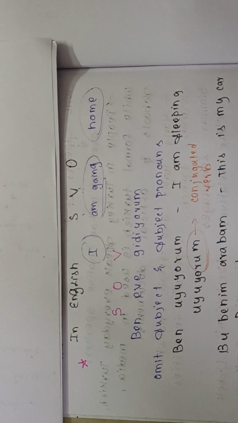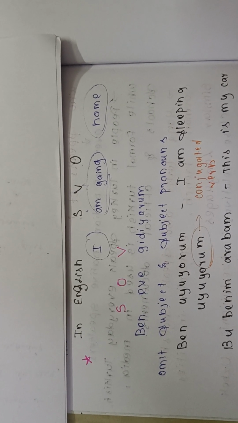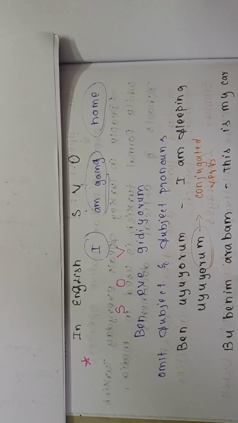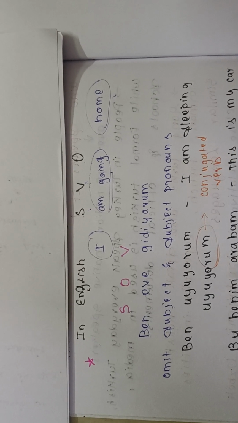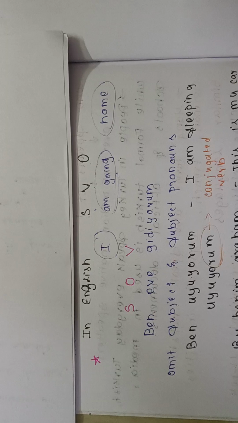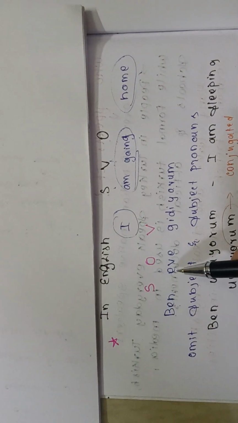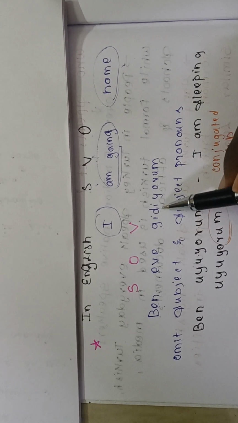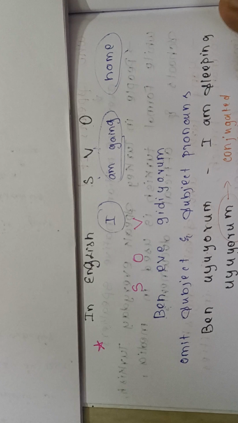If you translate this word for word into English, it sounds like nonsense. The structure is subject first, object second, and verb third. This word order is one of the strongest common features that connect Turkish, Mongolian and other languages together. For example, Ben eve gidiyorum, which literally means I home going.